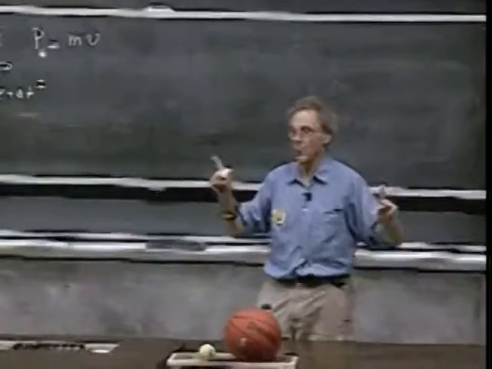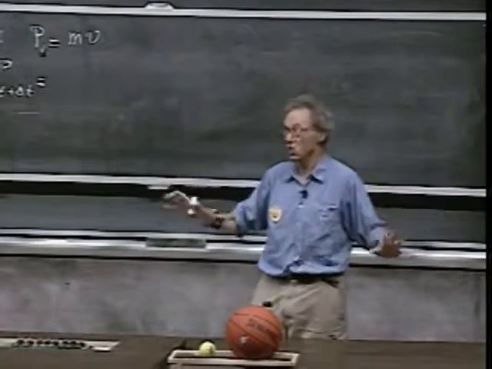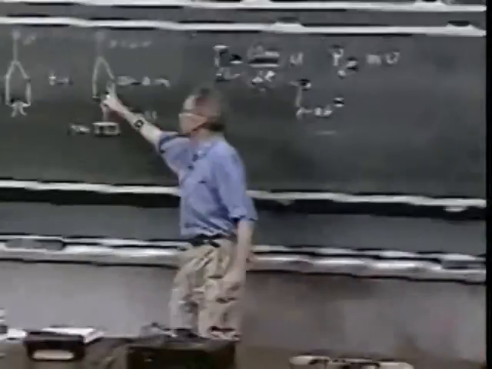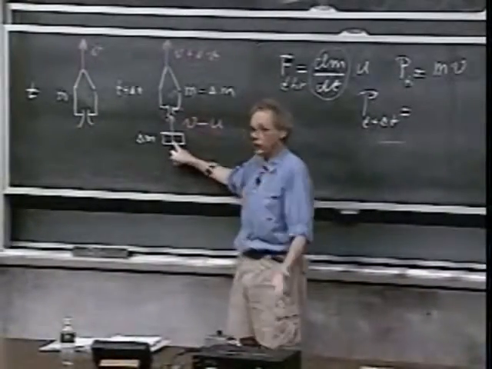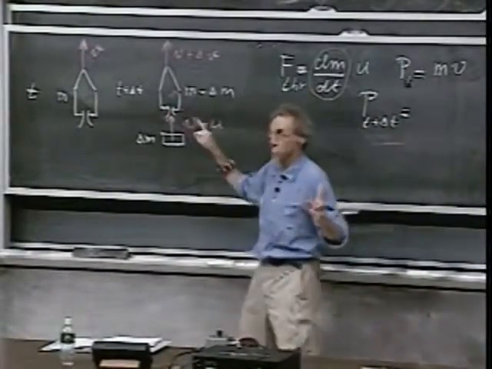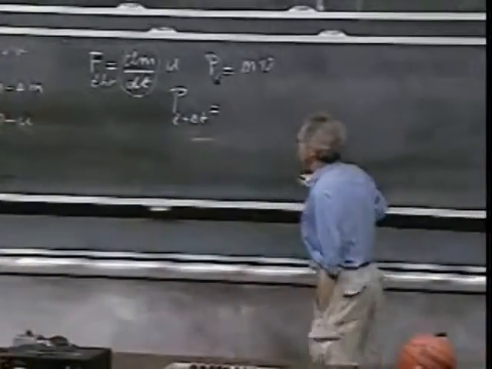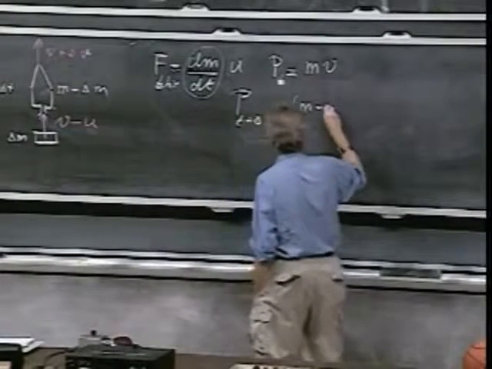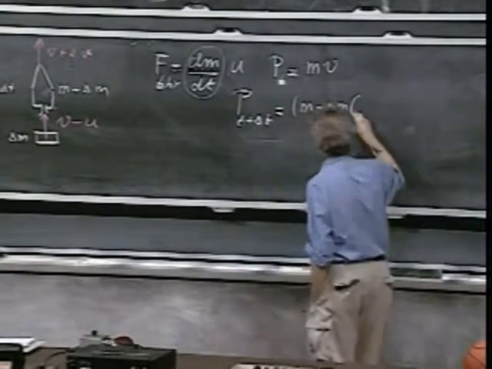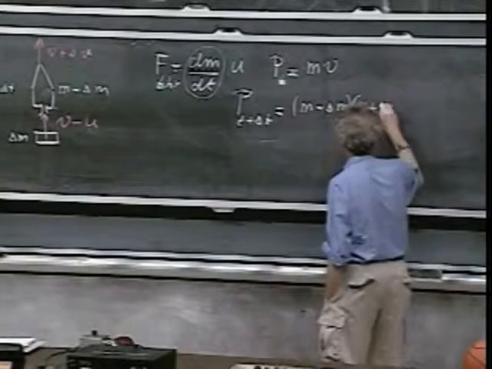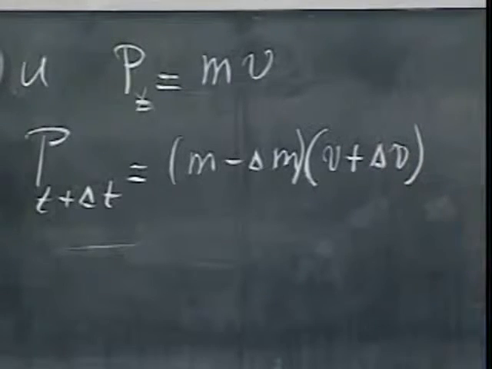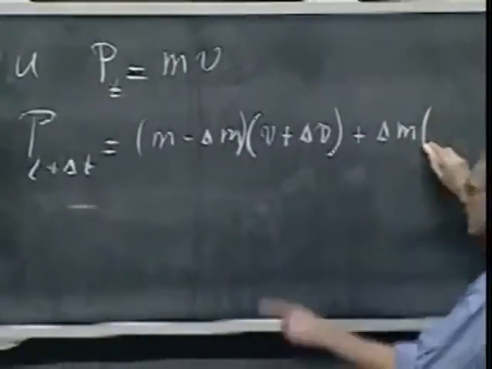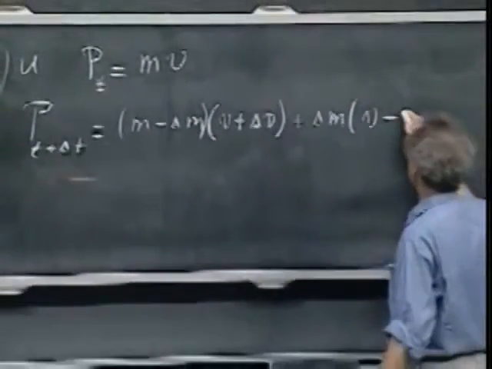If I'm telling you that momentum is conserved, you can't ignore the exhaust. It's momentum of the system that is conserved. The momentum of the rocket is going to change, and the momentum of the exhaust is going to change, but not of the system. So we're going to get mass times velocity, m minus delta m times v plus delta v, plus delta m, which has a velocity v minus u.